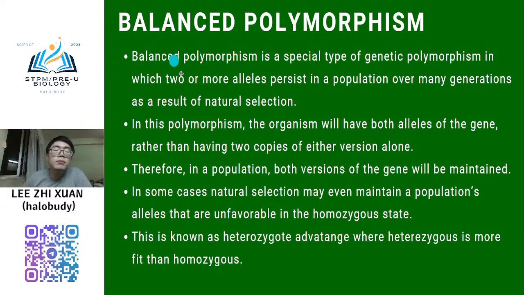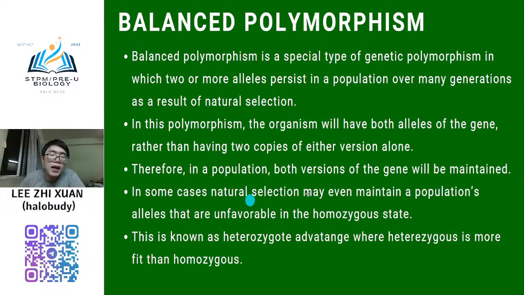Meaning that two or more alleles are maintained in that population over many generations. So the organism will have both alleles of the gene rather than having two copies of either version alone. Therefore, in a population, both versions of the gene may be maintained.